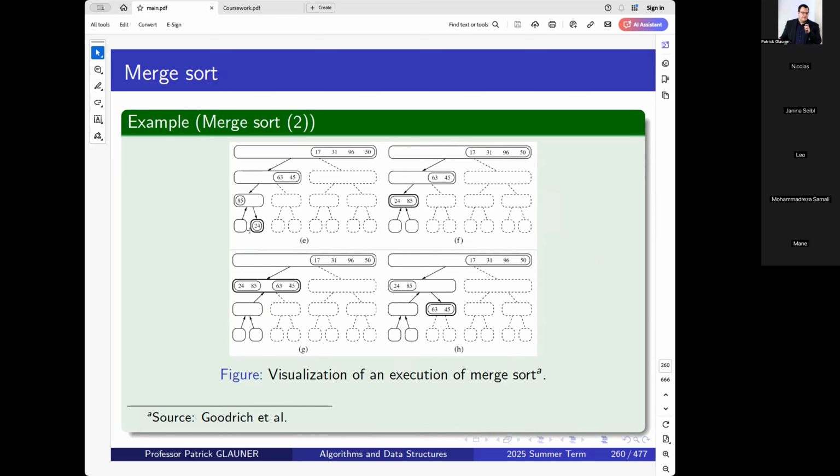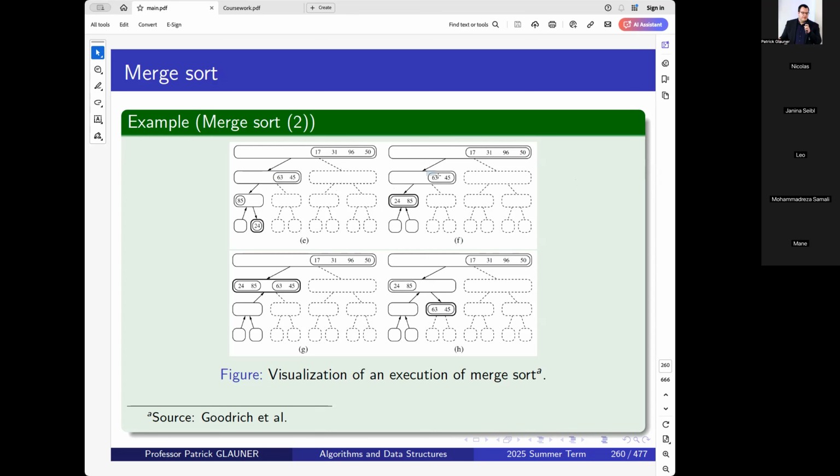And then I can try to merge them together because I have two lists with single entries, and I just merge them because the 24 is smaller than the 85. That's something I can check because I just have two lists with one entry each. So the 24 and the 85 are now merged into a sorted sublist.